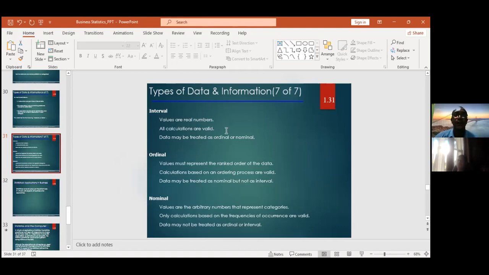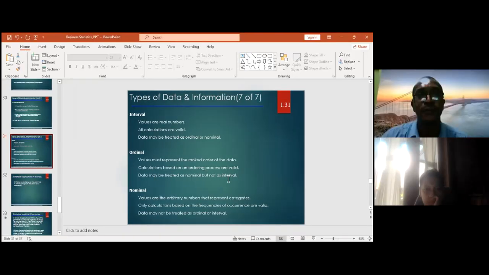You can see everything is possible under interval. But for ordinal, values must represent the rank order of the data. Calculations based on the ordering process are only valid. You cannot do anything more than the ordering. Data may be treated as nominal, but not as interval. So you can see you cannot treat ordinal as interval data.